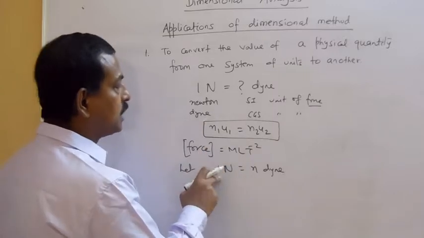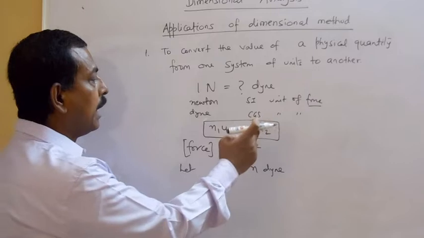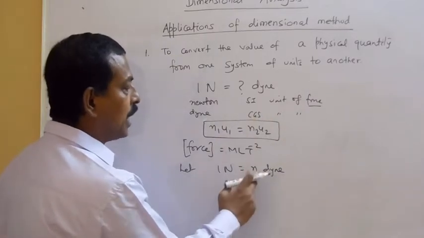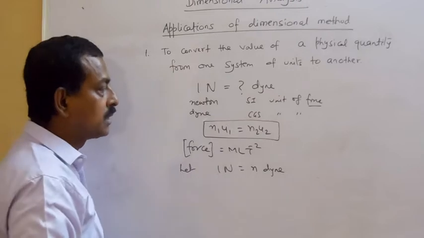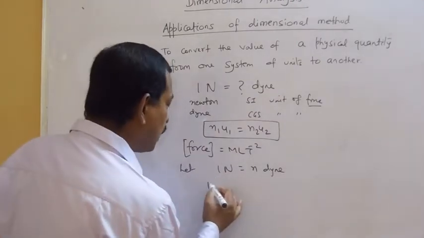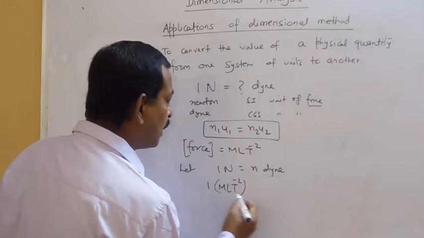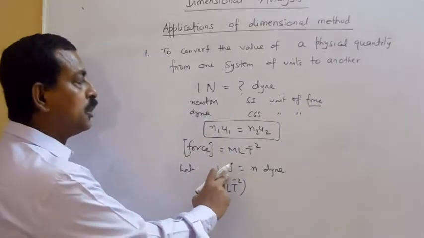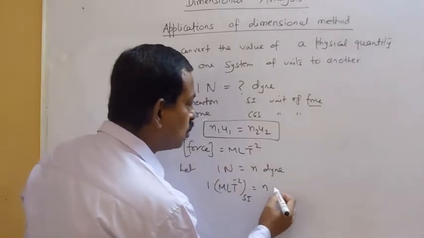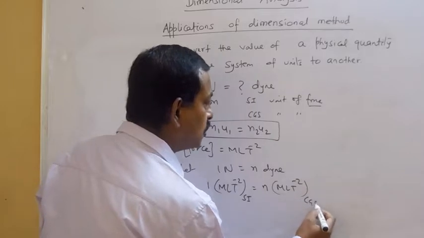So N1 is the numerical value in the first system of units where the unit is Newton. N2 will be the numerical value in the second system. We have taken the value as n, and U2 is the unit in the second system. So we'll take the dimension MLT minus 2 in SI, as Newton is the unit in the SI system, and again MLT minus 2 in CGS.